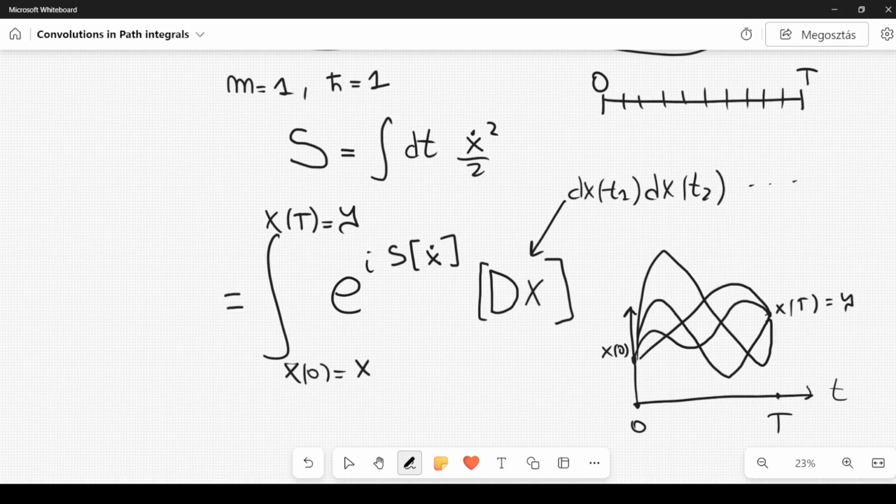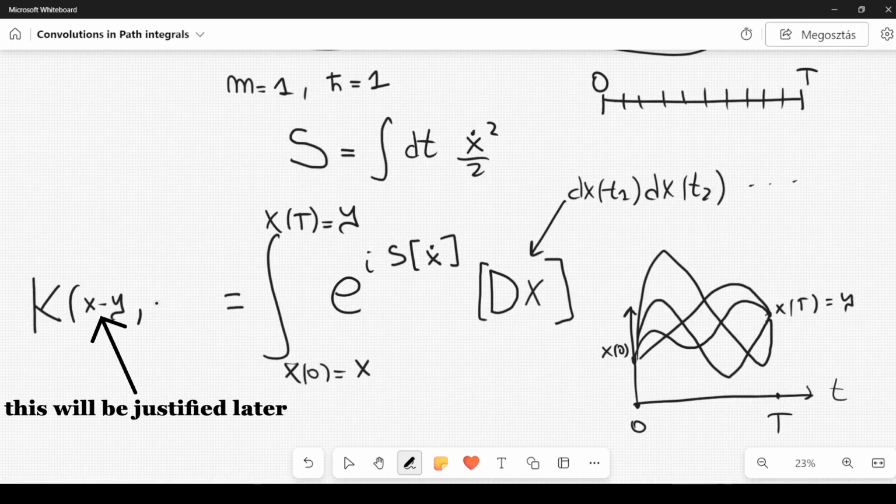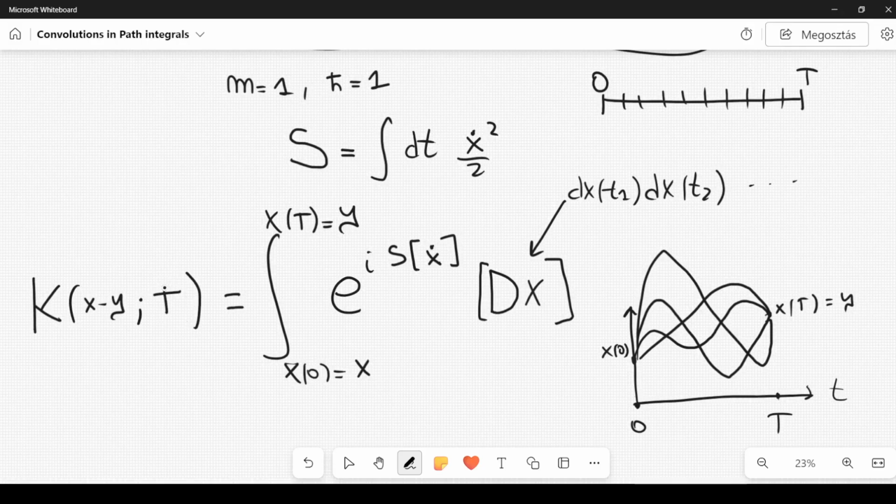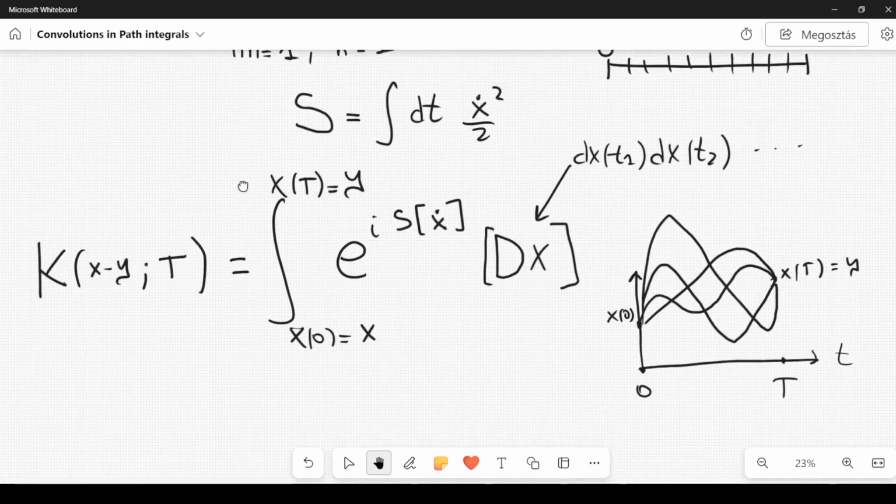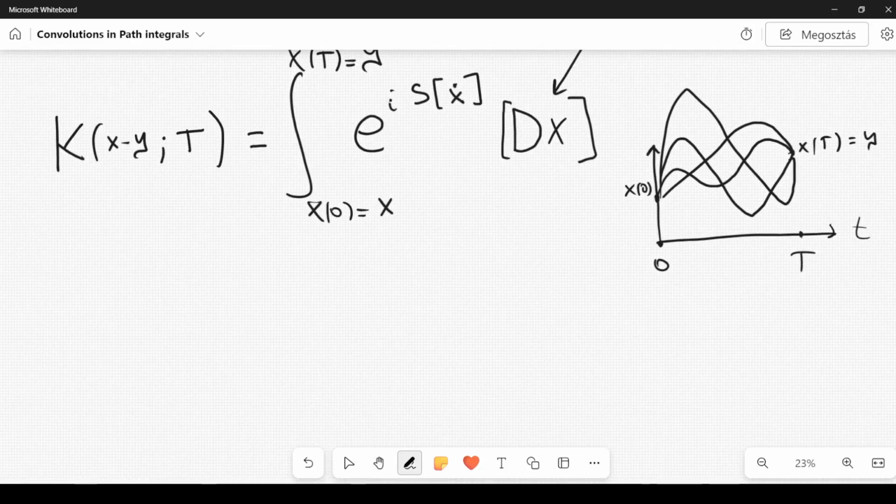Now, this amplitude here, we can call it K, and it is a function of x minus y, as we will see, and it also depends on the time interval, which has a length capital T. Now, in order to calculate this integral, which is quite complicated, the first thing that we are going to do is we are going to rewrite this exponential, I mean the argument of the exponential without the imaginary unit.